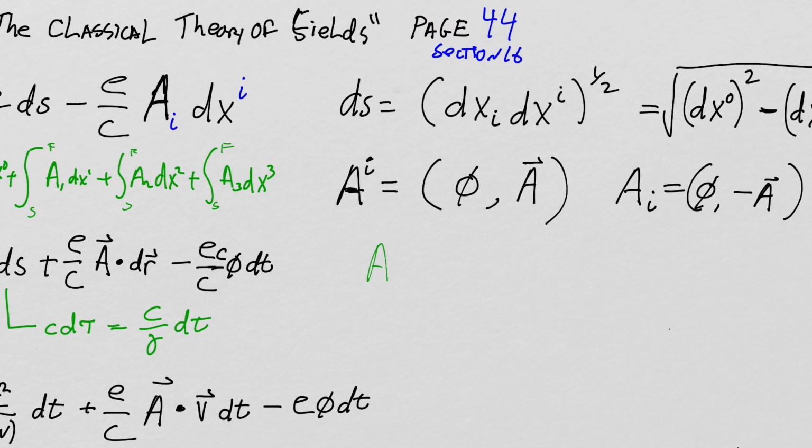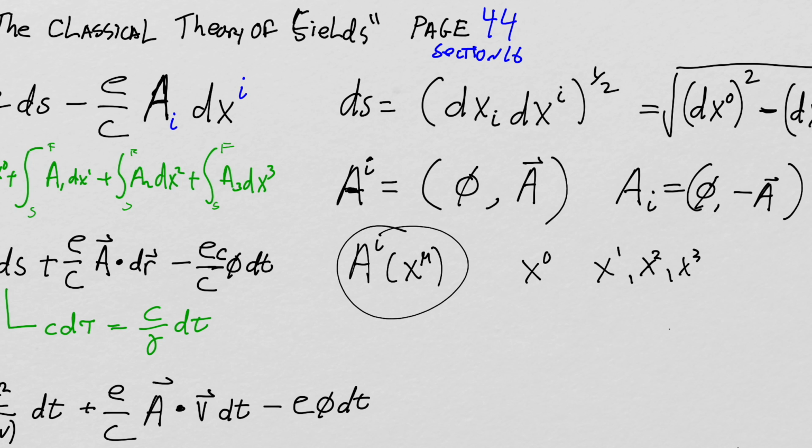It's absolutely critical to understand that A is a function of, well, I'm just calling it x mu now. It's a function on space-time, where x0 is a stand-in for time, x1 is the first space component, x2 the second space component, and x3 the third space component, right?